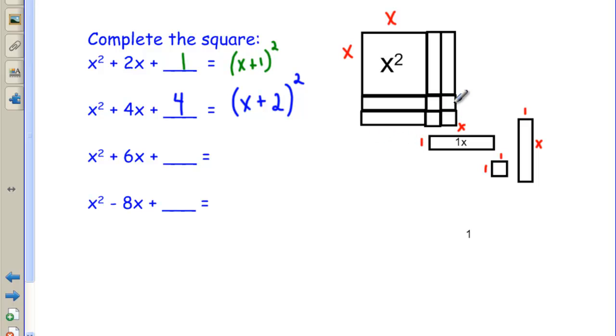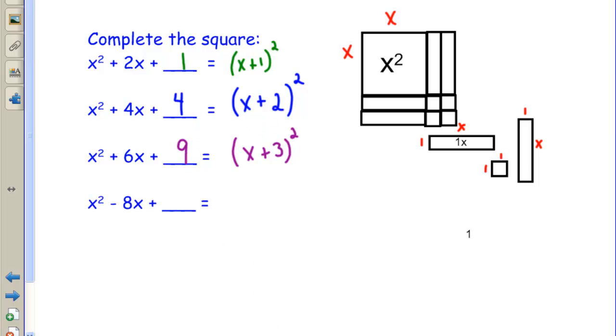What would be used to complete that square? Well, remember those dimensions now would be x plus 3, the quantity squared. So the new area that needed to be filled would be 3 by 3, which would be 9.